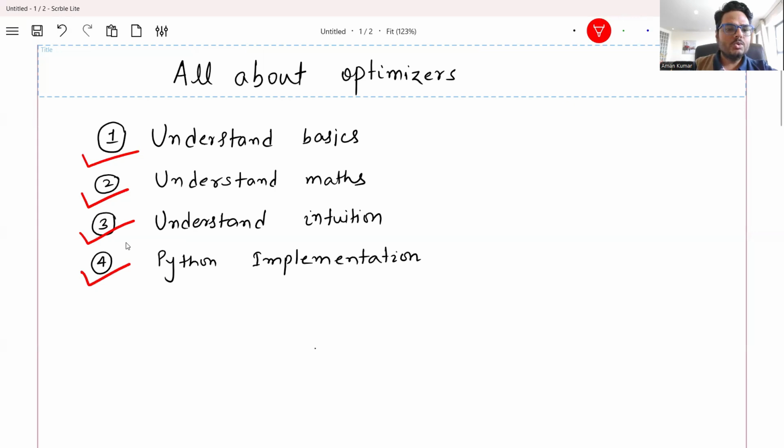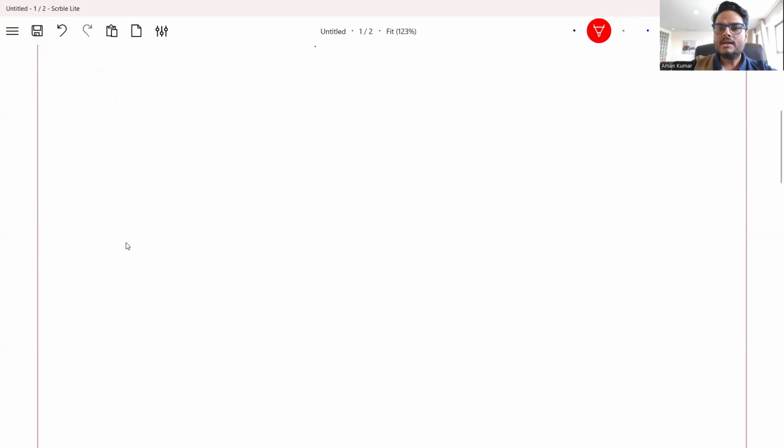Okay, so let's start, and we will start with the very basics. We will start with what is an optimizer. If somebody asks you what is an optimizer in machine learning and deep learning, let's start from here.